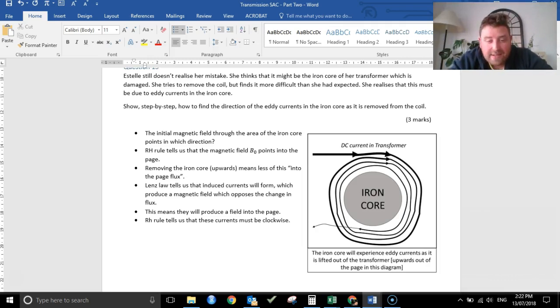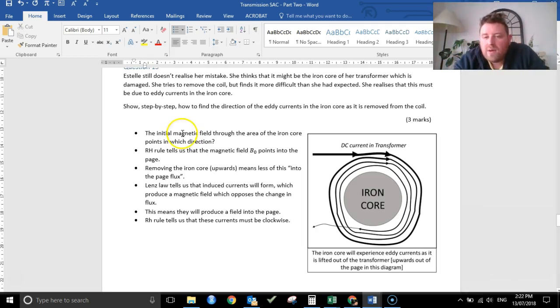Some people did it an even, what I consider a more complex way, but if it made more sense to them, then that's absolutely fine. They said that, well, if we're pulling the coil outwards, then we need to produce a force inwards. And if we're producing a force inwards, then that's going to be a magnetic force.